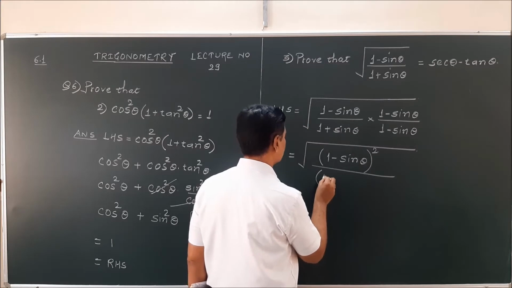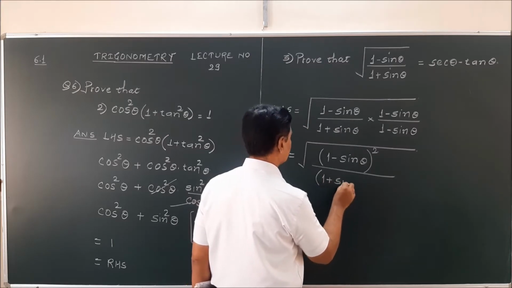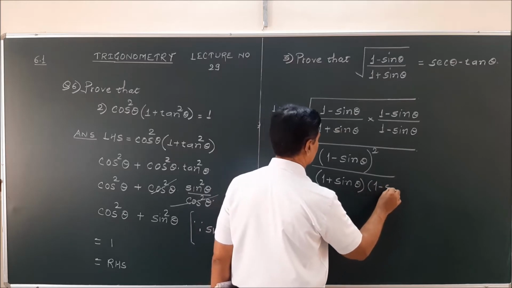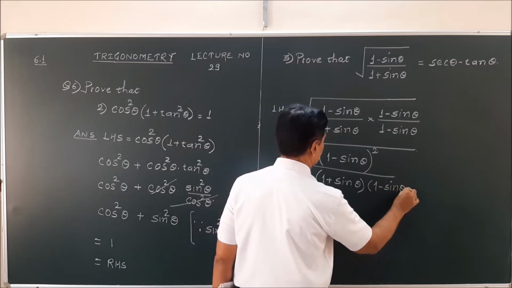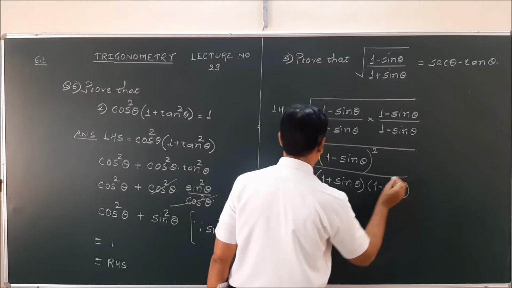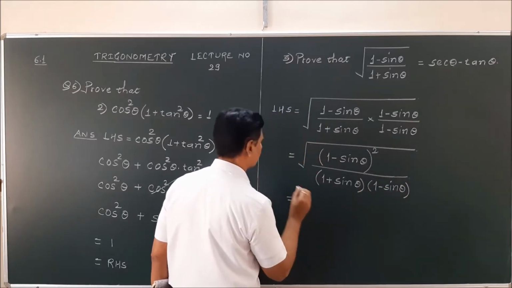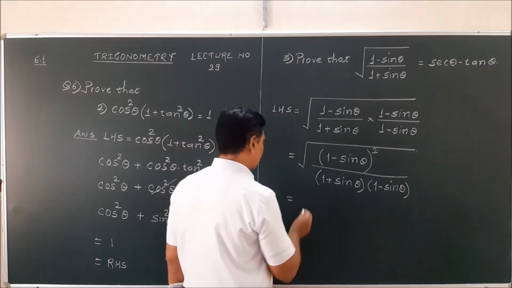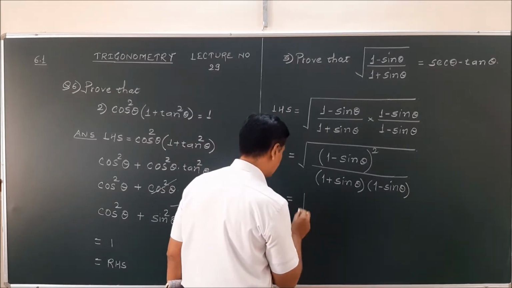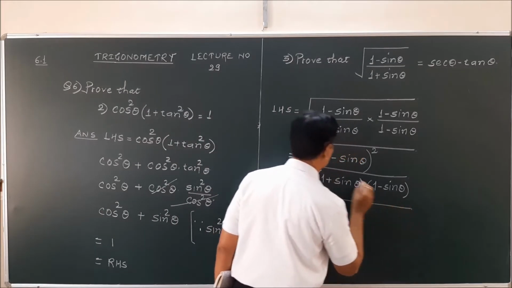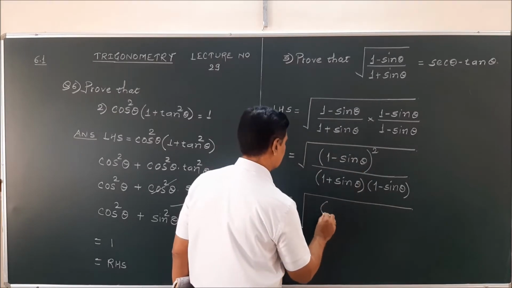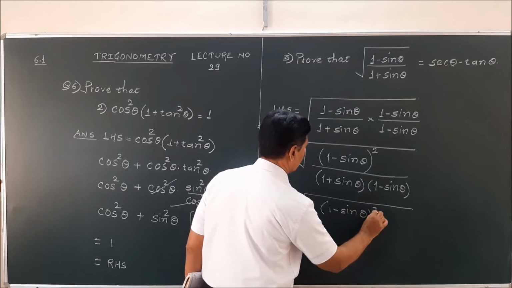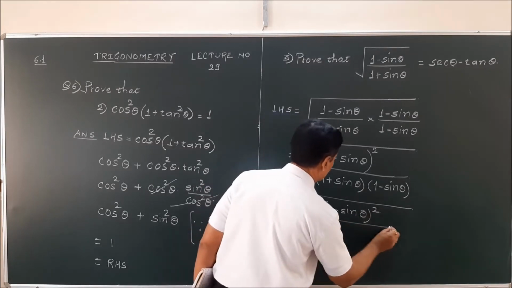And in the denominator I am getting 1 plus sin theta into 1 minus sin theta. So that is equal to, I'll continue the same, 1 minus sin theta as it is, bracket square.